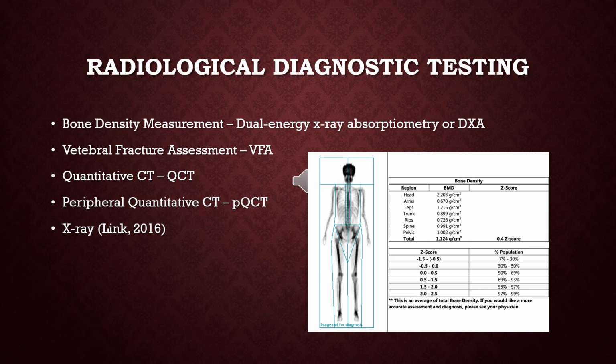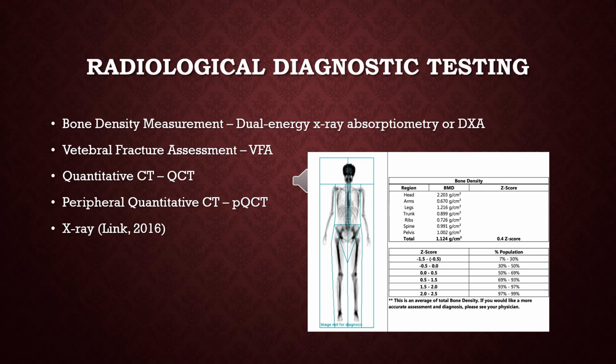Next, regular X-rays may be used to identify bone density, structure, and looking for any fractures that may already be present. Quantitative computed tomography, or QCT, is a measure of bone density using CT scans.